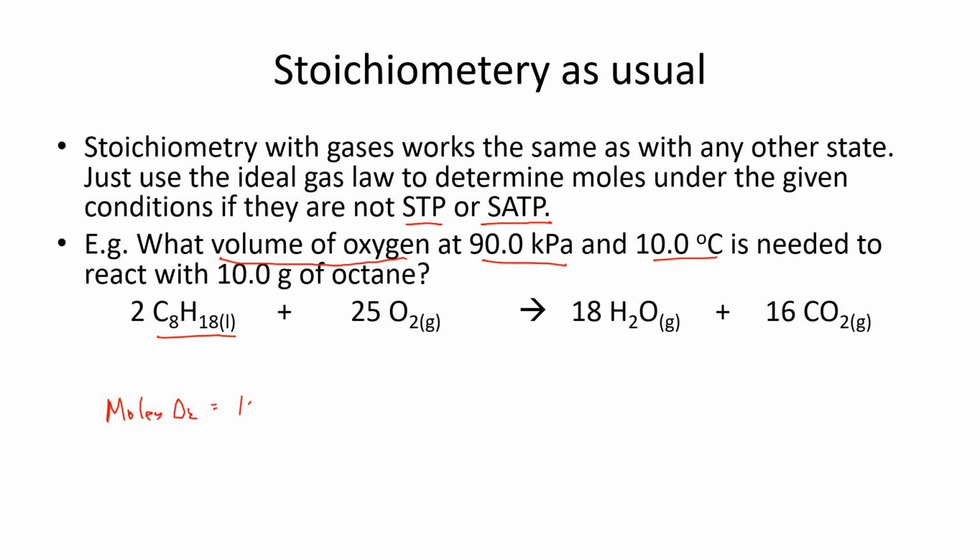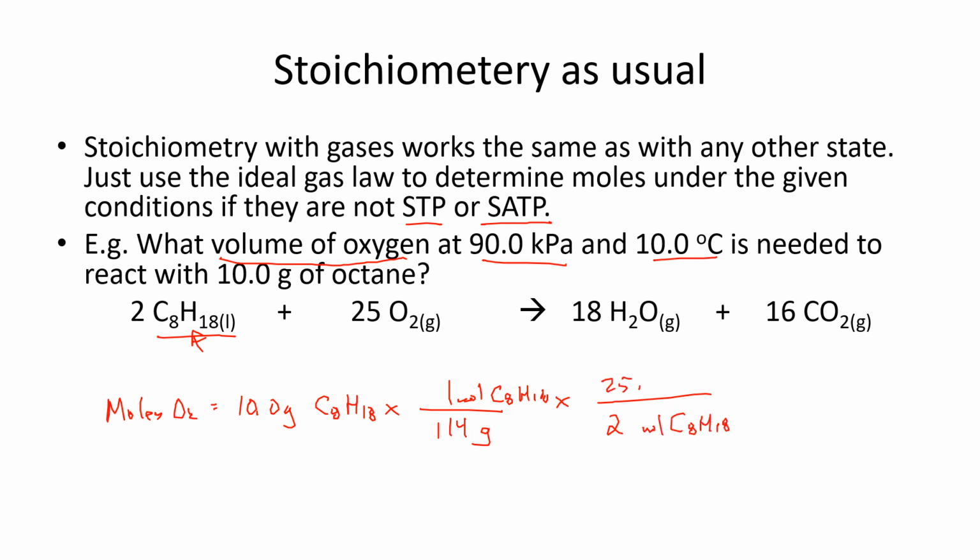We have 10 grams of the octane, which is this guy, C8H18, and I've just worked it out. It's 114 grams per mole of C8H18, and the ratio is 2 moles of C8H18 to 25 moles of oxygen.